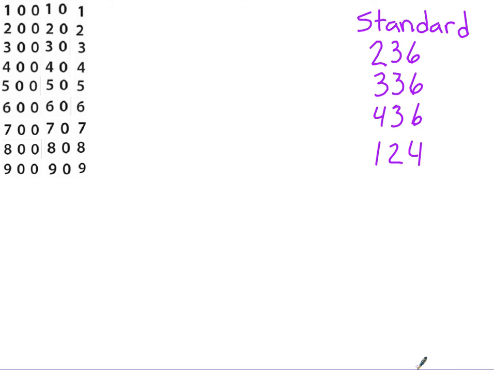Now we broke it down into unit form using our models, but now we want to go into expanded form so that the kids can see those 2 hundreds instead as 200, 30, and 6.